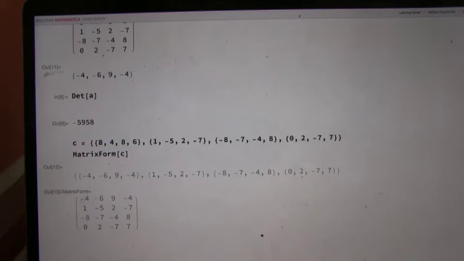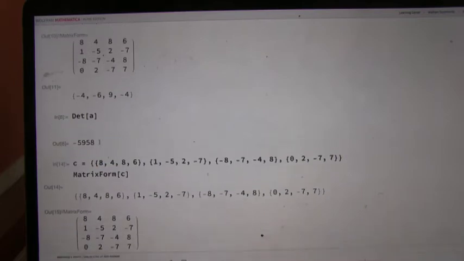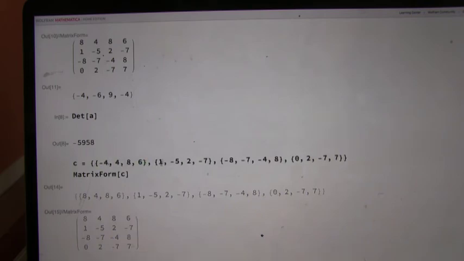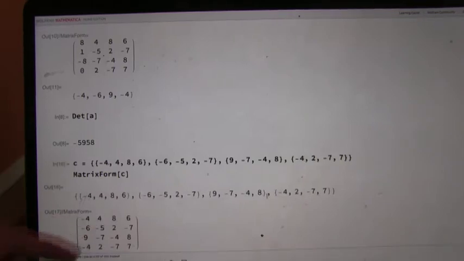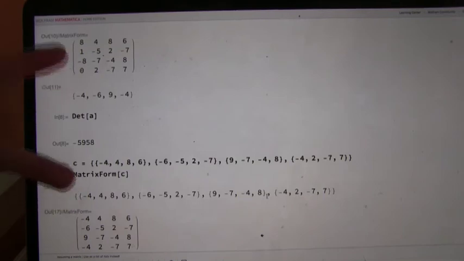And okay, so this is back to our starting matrix, and we just need to type in -4, -6, 9, and -4, and there's the first column replaced, and there should be no other differences. Okay, great.